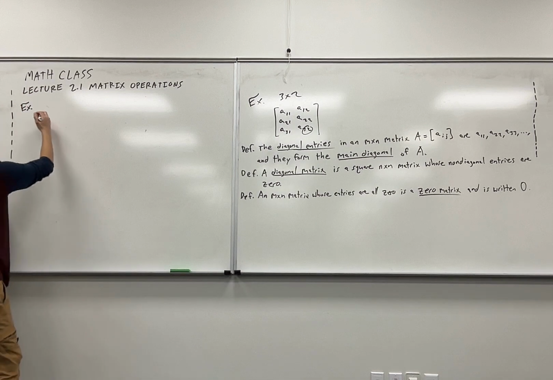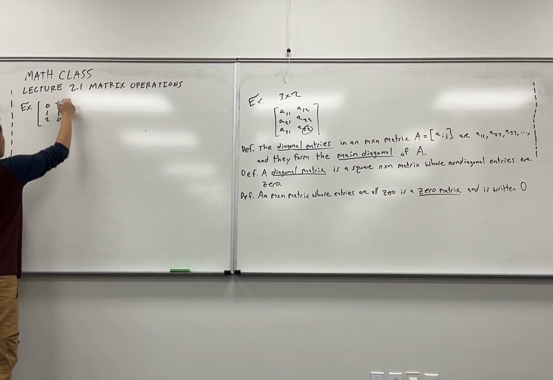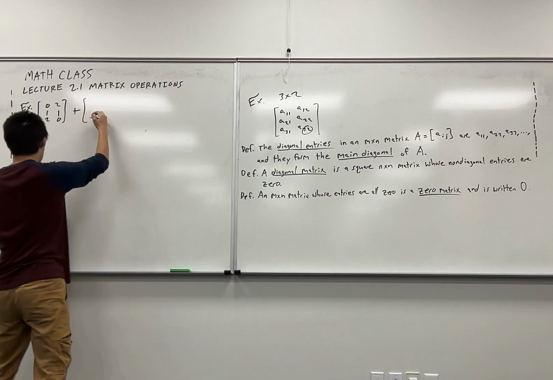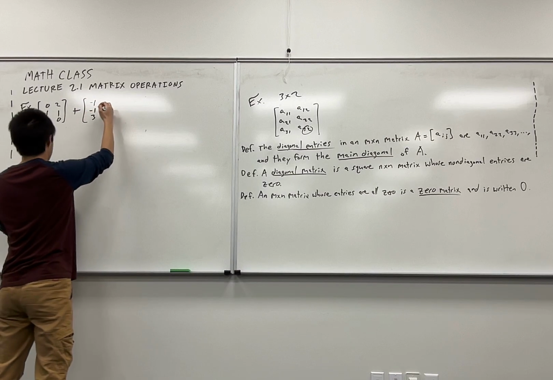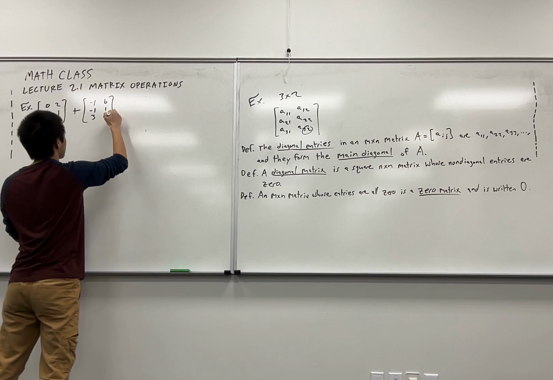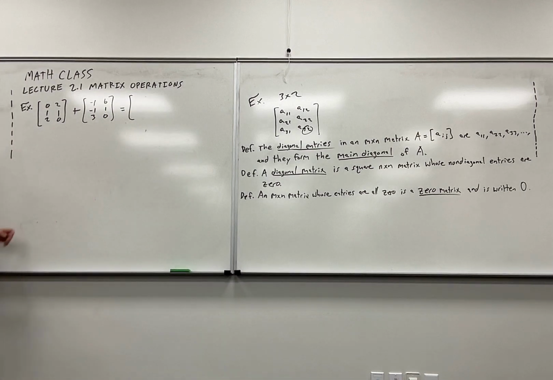just to double check that we can all do this, there's 0, 1, 2, 2, 1, 0. We're going to add that to this matrix, -1, -1, 3, 6, 1, 0. So the way that this is going to work for addition and subtraction is it's just corresponding entry to corresponding entry, no tricks, no gimmicks, nothing crazy, okay?